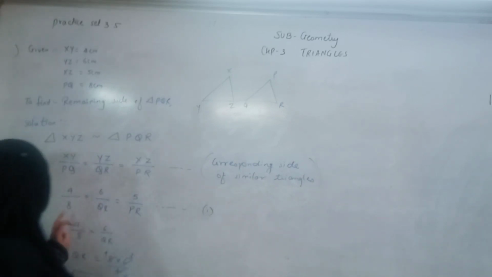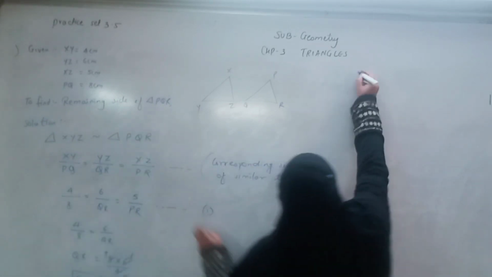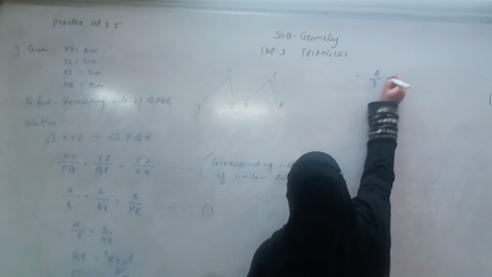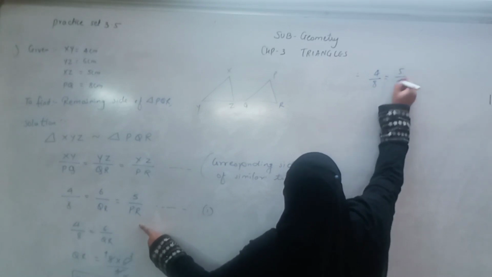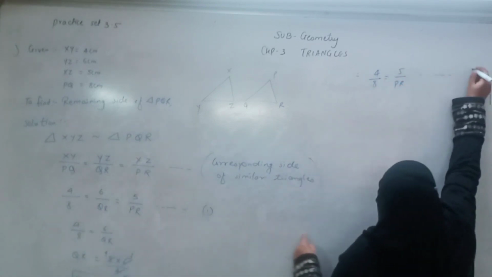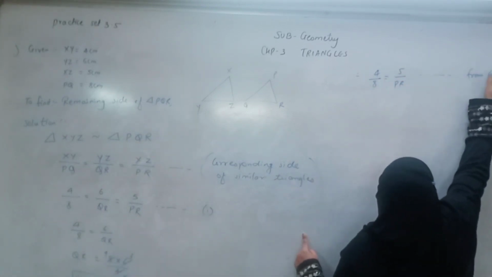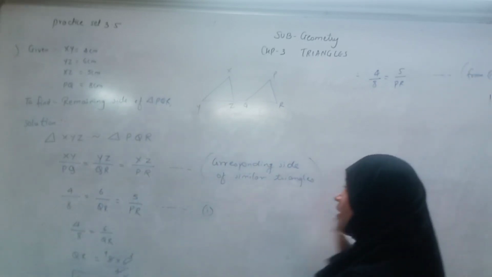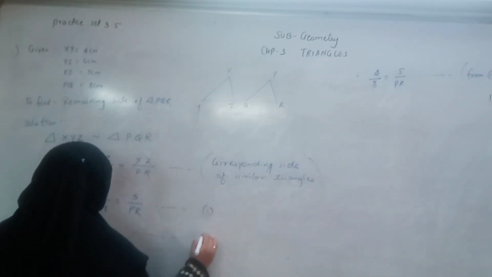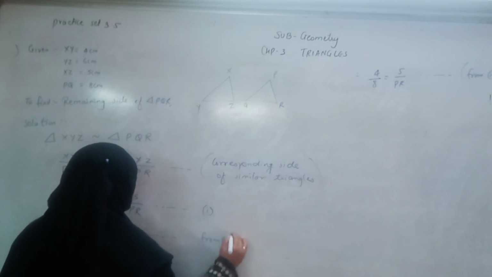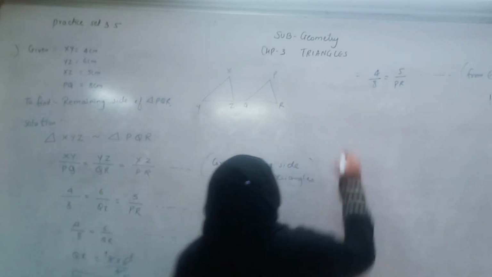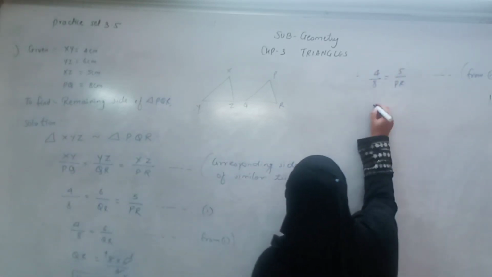Done? Then again, 4 upon 8, I am going to take 5 upon PR from equation number 1. Write this, it came from equation number 1. Now again the same thing, we have to do cross multiplication.